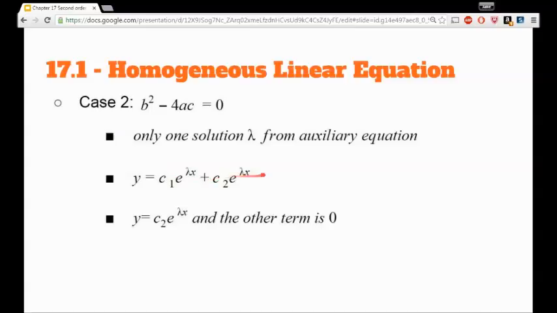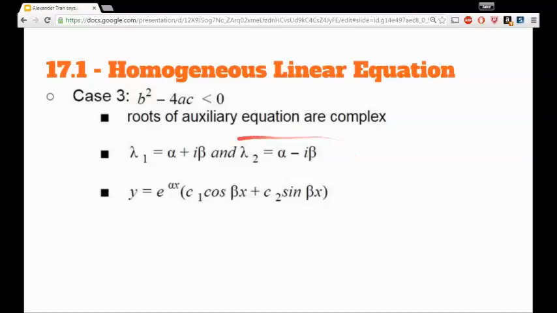Notice that these lambdas are the same, so they are not lambda 1 and lambda 2 anymore. And we will have a more general solution, y equal to c2 e to the power of lambda x, because the other term, c1 e to the power of lambda x, is just going to go to 0.